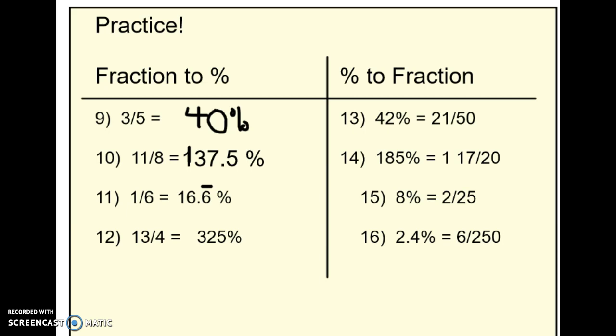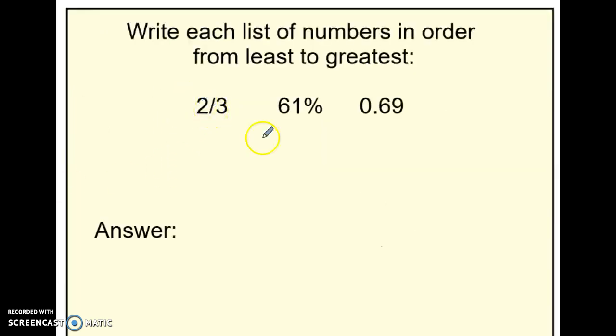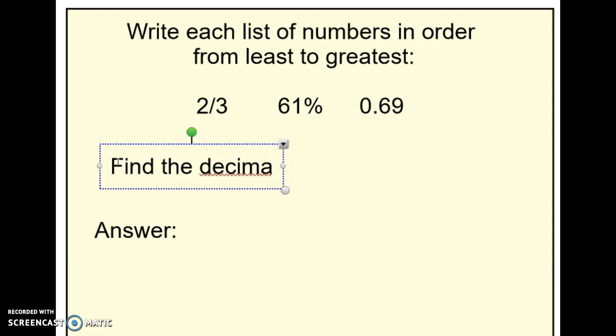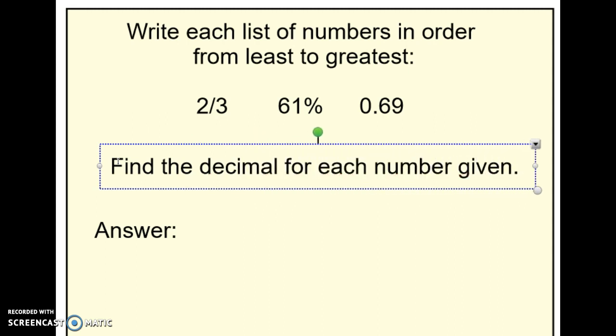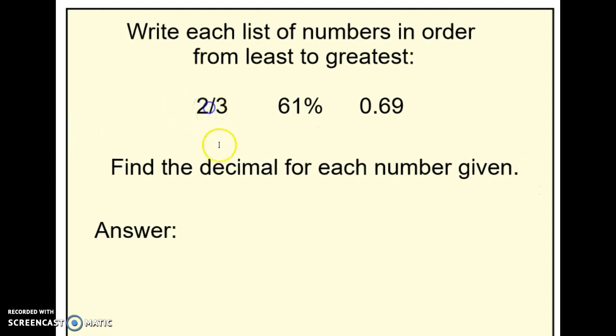The last part of the lesson then is to be able to order a list of numbers from least to greatest. And first, you need to find the decimal for each number given. So I'm going to find the decimal for 2/3, which is 0.66666 repeating. And the decimal for 61% would be 0.61.